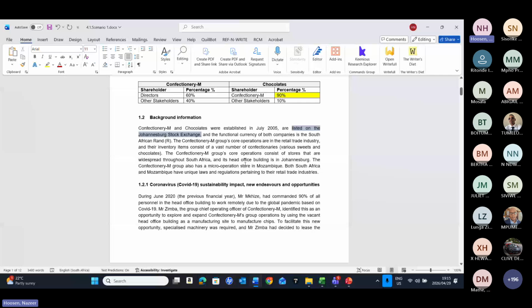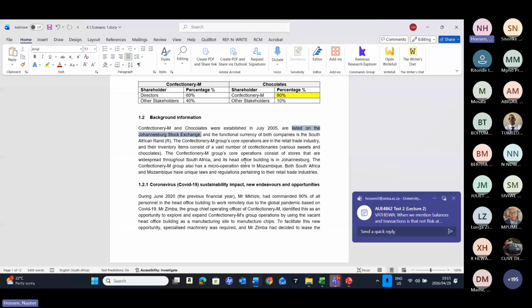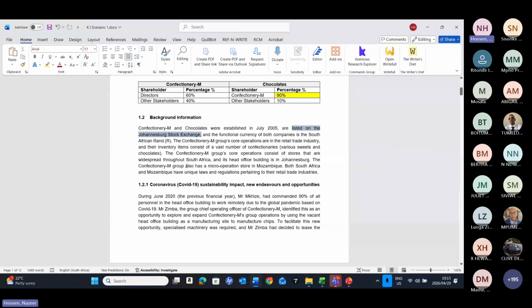And remember, on the Johannesburg Stock Exchange there are various companies of different sizes and nature. Not every company is the size of Facebook, for instance. So there are listed companies which one would be able to audit with a medium-sized firm.